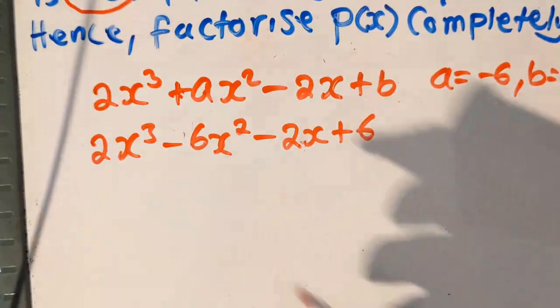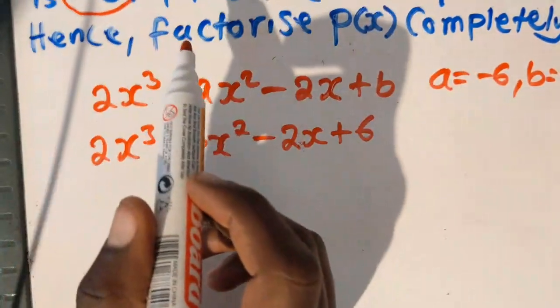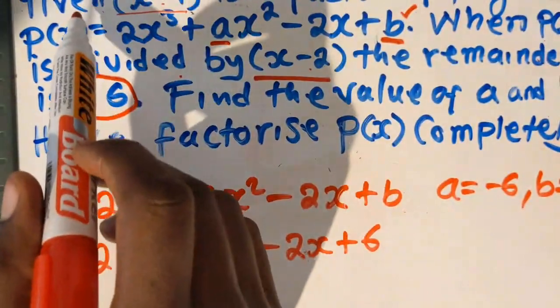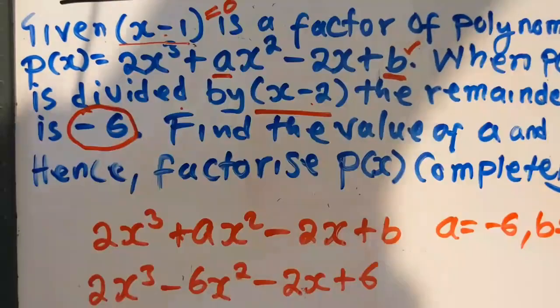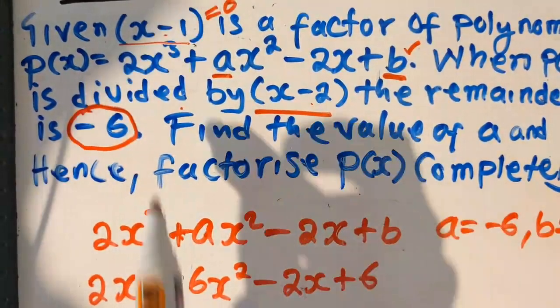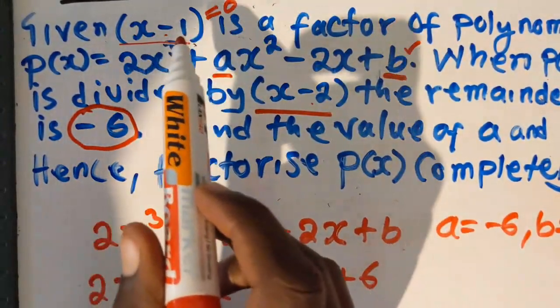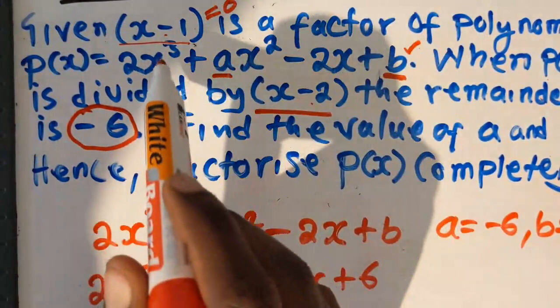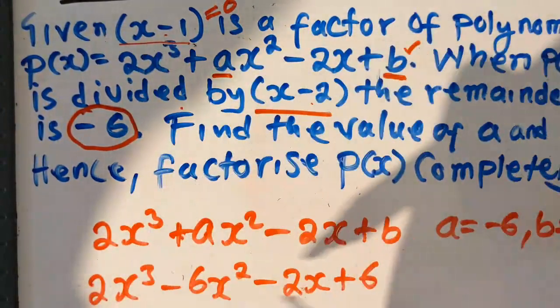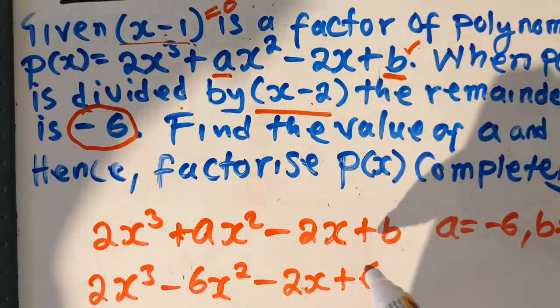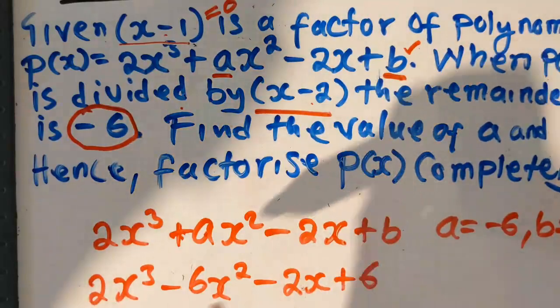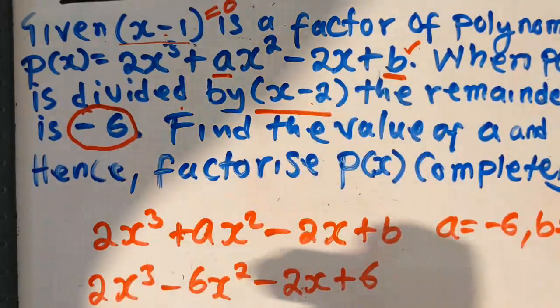So here we were given the factor as x minus 1. When you divide this factor into this, it's supposed to give you 0. So we are going to divide the factor into this.